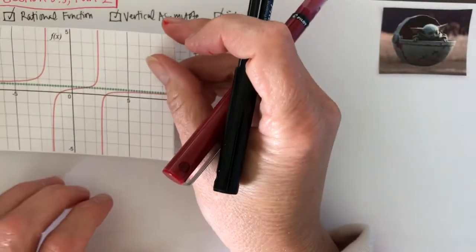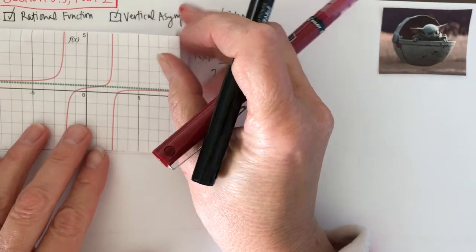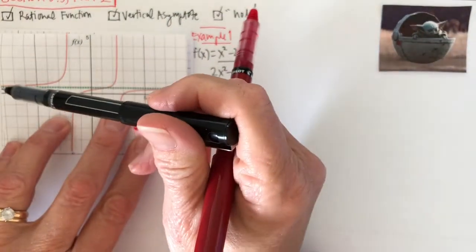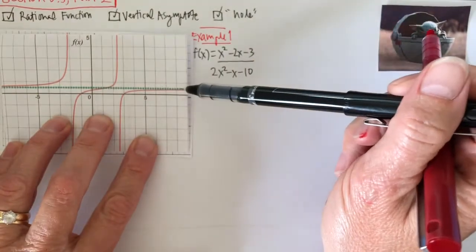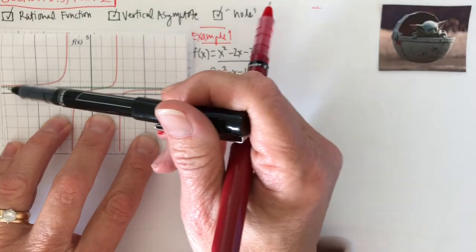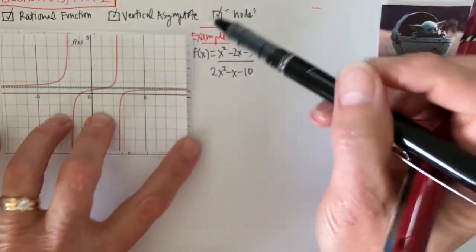And you can see there seems to be this horizontal line that the function approaches. As x goes to positive infinity, we get closer and closer to this line. And also as x goes to negative infinity, we get closer and closer to this line.